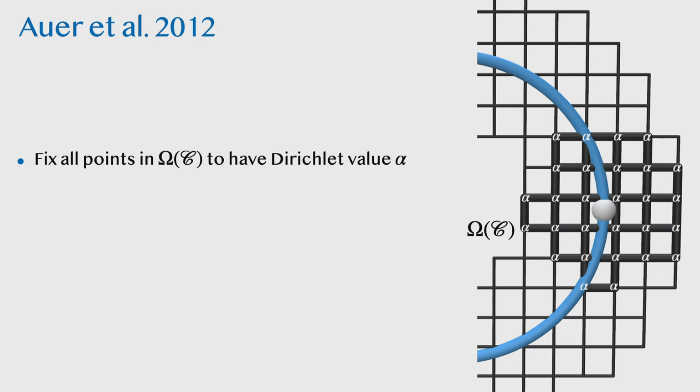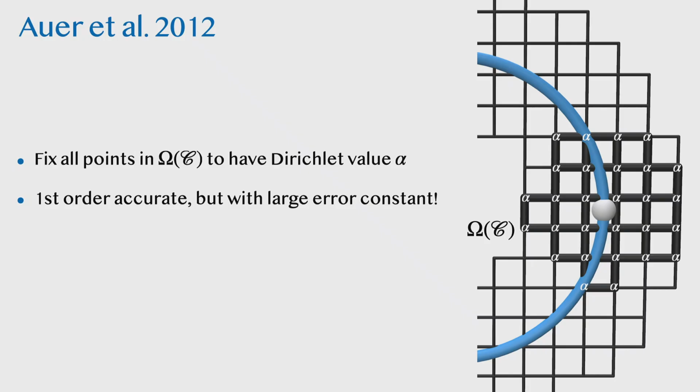But this is obviously only first order accurate, and it has a very large error constant, because you're basically fixing all this red region of the manifold to have the fixed Dirichlet value alpha. And also this can obviously only handle Dirichlet boundary conditions when you have the actual value to specify.